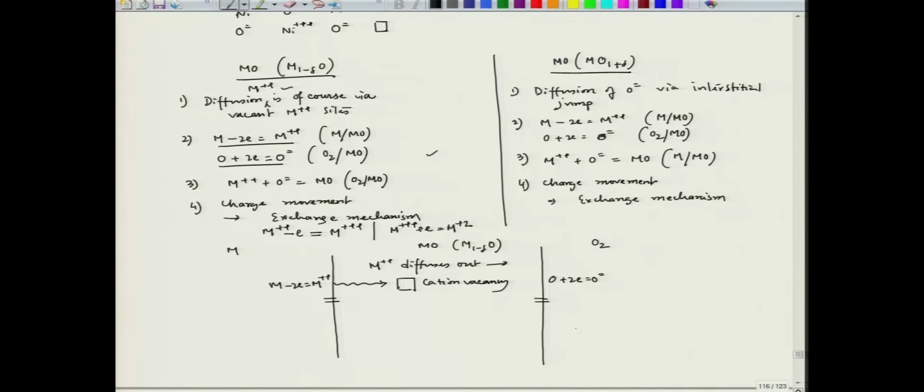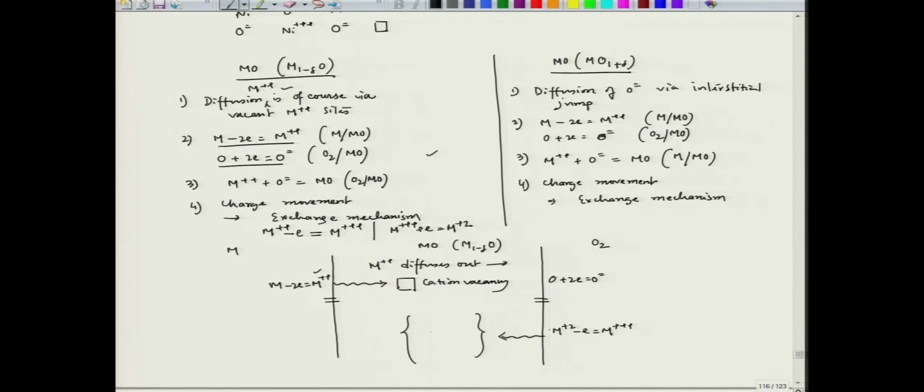Since this is a metal deficient oxide, the deficiency happens where there is a combination of metal ion and oxygen ion. That happens here. So we are generating an electron hole, or M plus 2 minus E gives M plus 3, that is forming. This plus 3 is exchanged in this fashion.